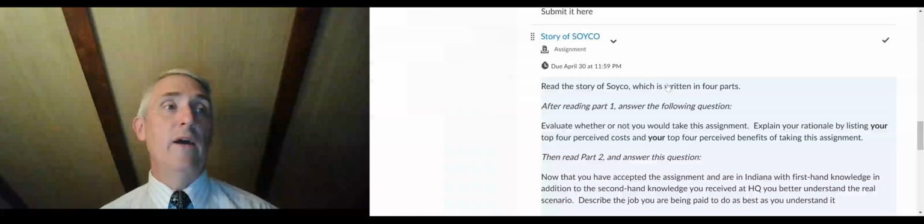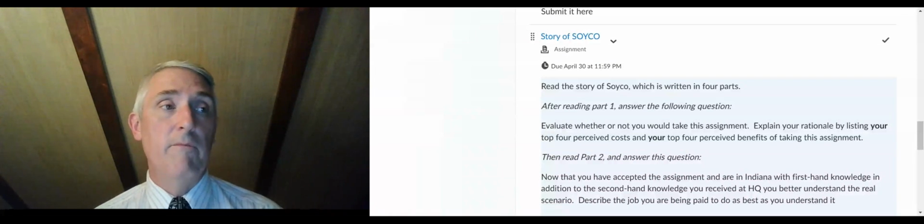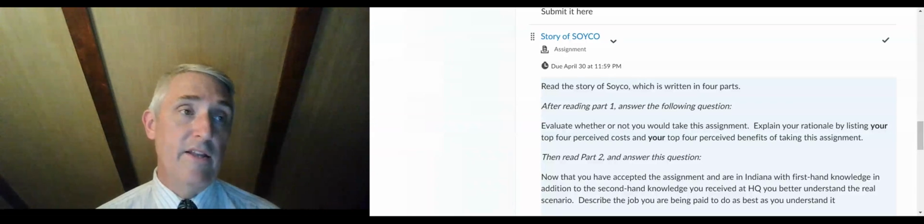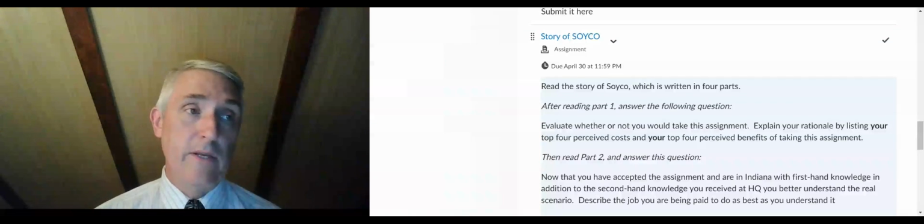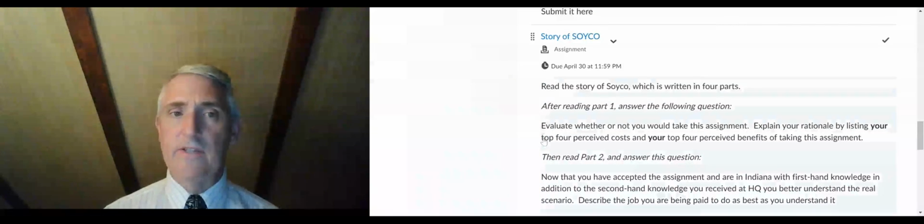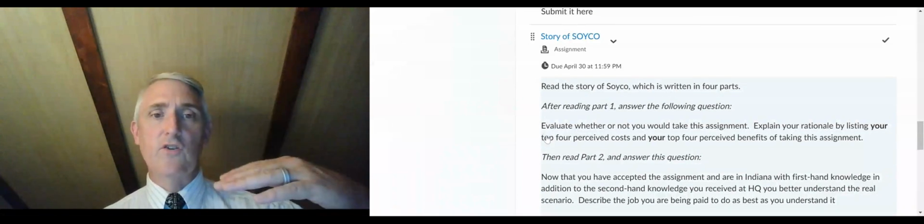Then you are given this assignment to close down a plant in Indiana that's processing soybeans. That assignment is complex in that it tells a story, but in four parts.